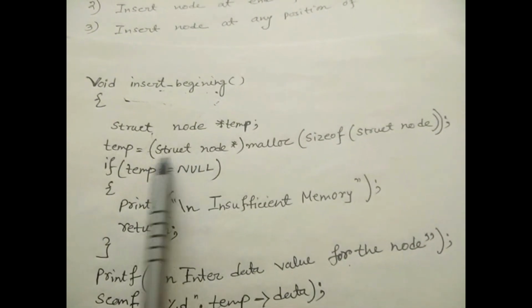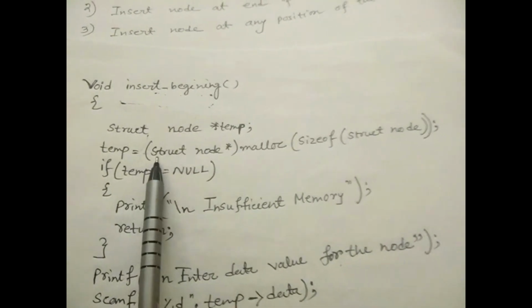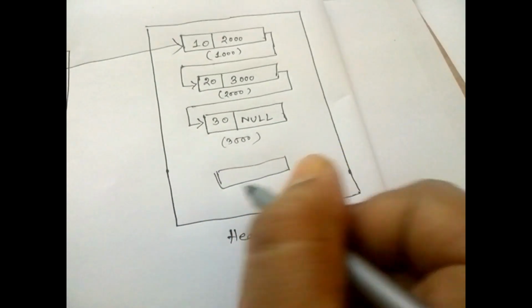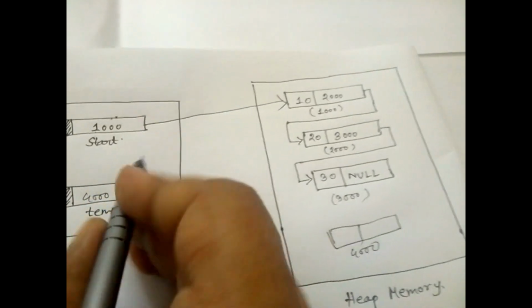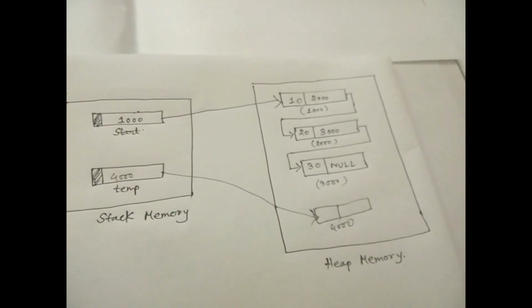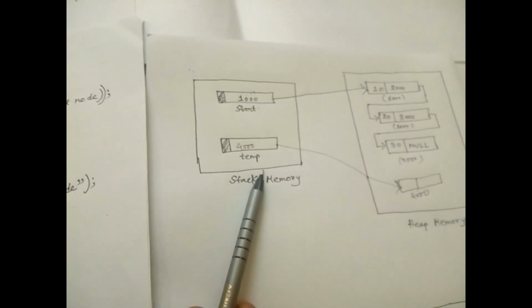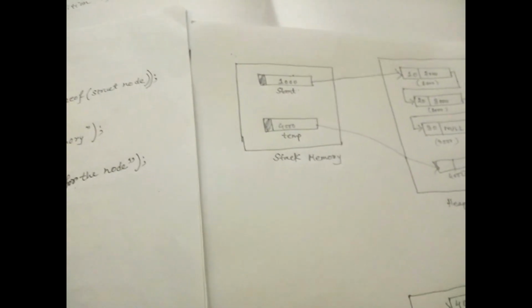Now a new address is allocated dynamically for variable temp, suppose 4000. Now the value of temp is 4000 and temp points here. So next statement, check whether temp is null or not, but the value of temp is 4000. The condition is not satisfied.